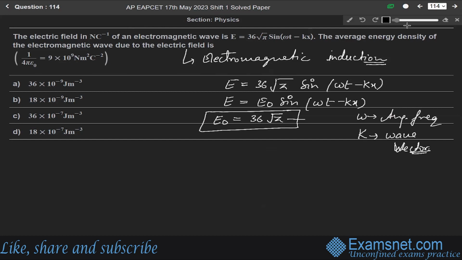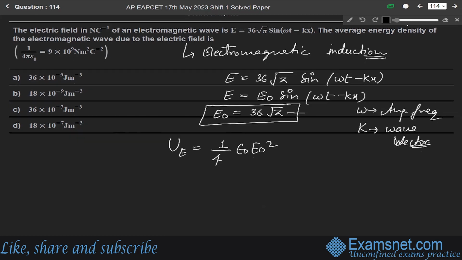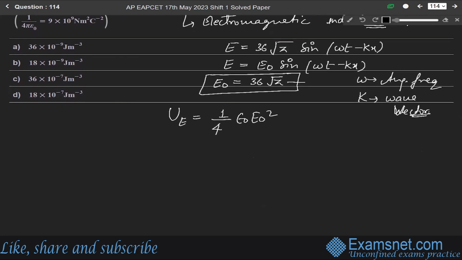So the average energy density of the electromagnetic wave due to this electric field is given by the formula 1 by 4 epsilon naught E naught square, where epsilon naught is the permittivity of free space.